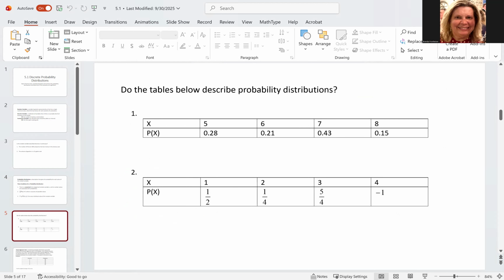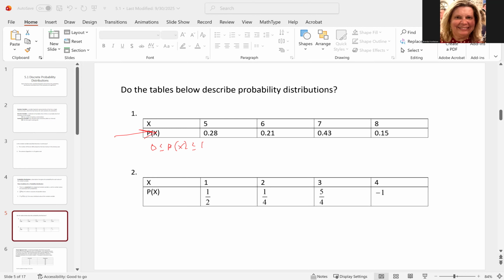Okay, so as we look at our first type of task, we're simply going to look at tables and decide if they are probability distributions. The first thing that's very easy to do is to check all of your probabilities. I want to be looking at this particular row and make sure that they're all between 0 and 1. Yes, they are. So if you needed to justify it, all of your probabilities are between 0 and 1 inclusive.